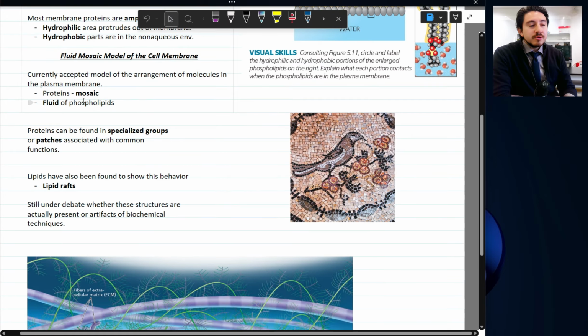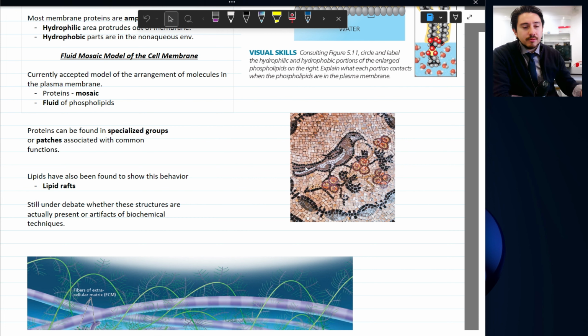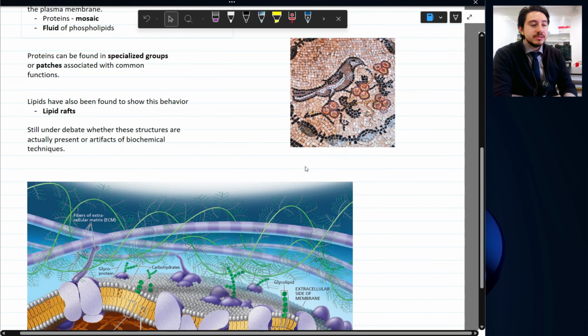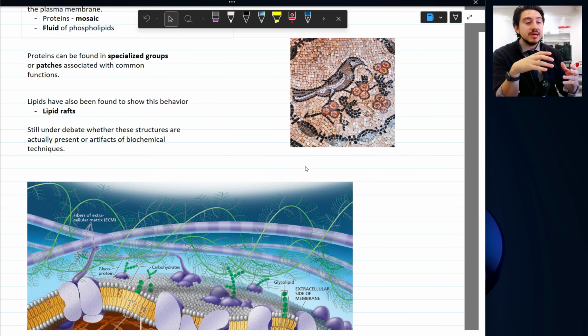It's referred to as a mosaic, just like certain artwork in which you would embed pieces of various materials or various designs into artwork. Proteins are embedded in that way within the phospholipid bilayer. Okay. As we're going to see later on, proteins can be found in specialized groups. You can have several proteins kind of patched together or clumped together for a common function.